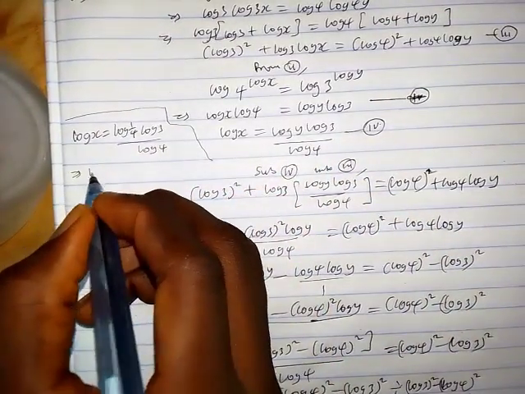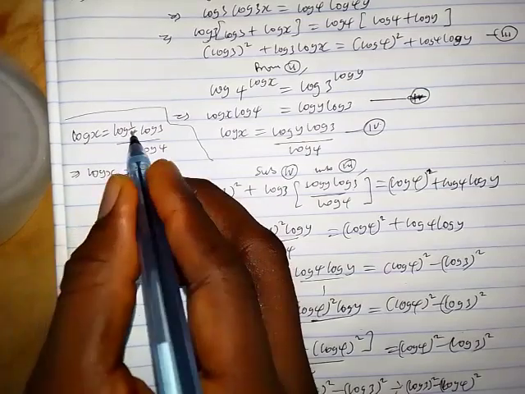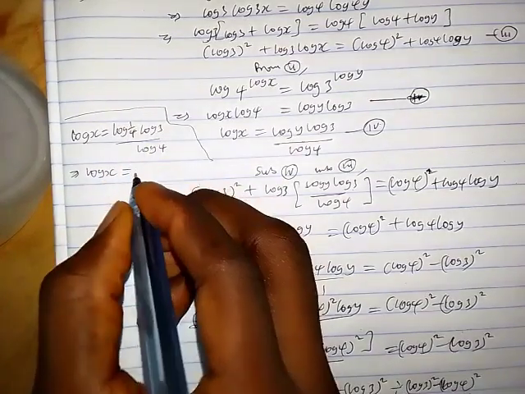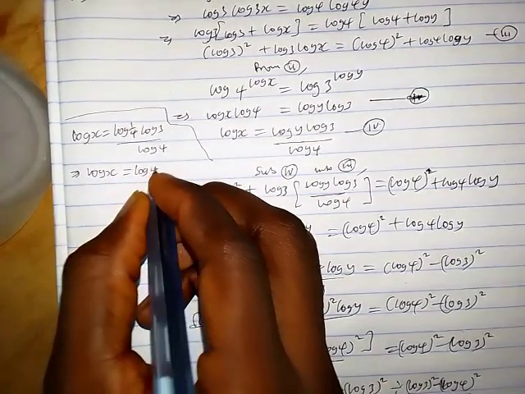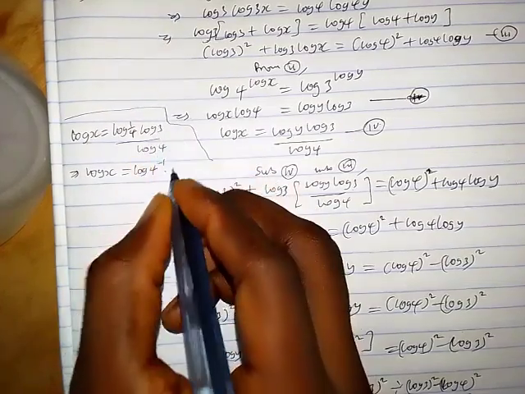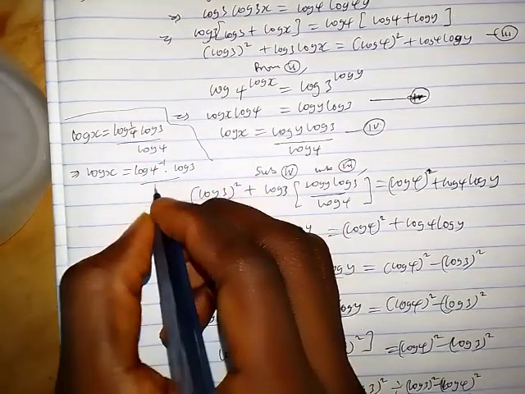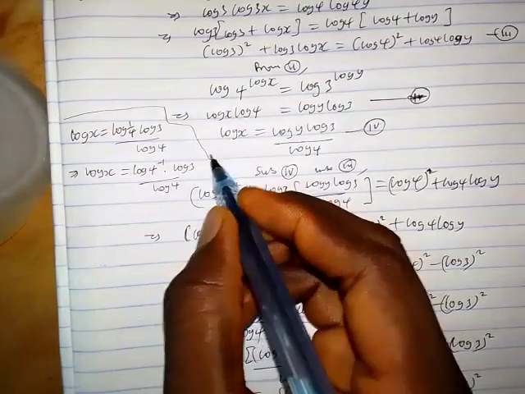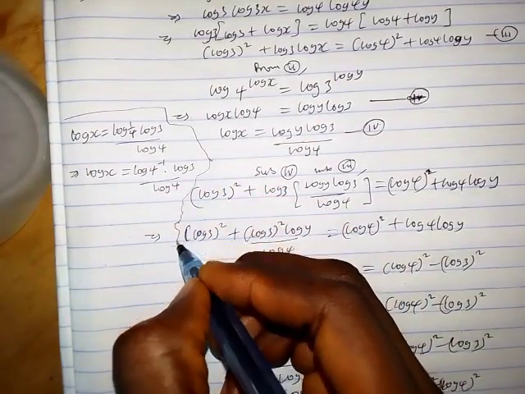Don't forget log 1 over 4 is the same thing as log 4 raised to power minus 1, times log 3 over log 4.